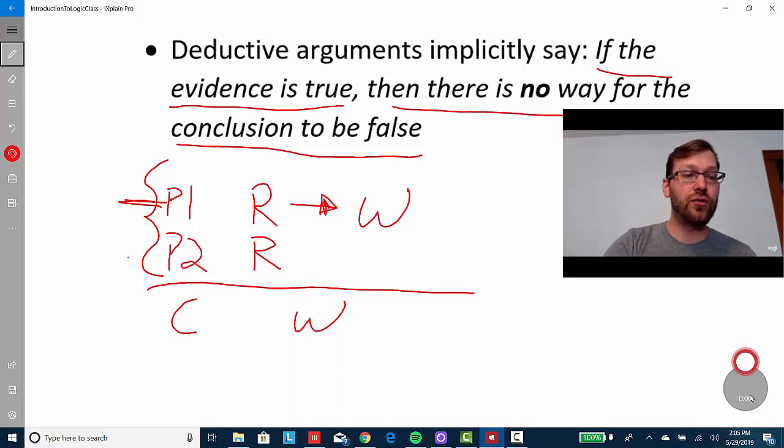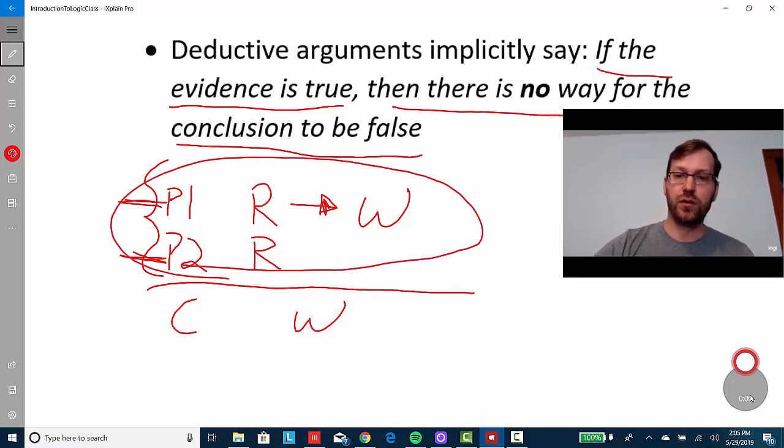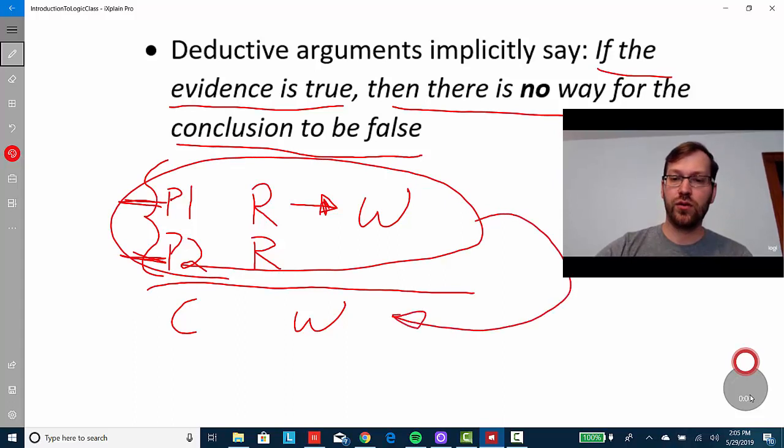And what premise 2 tells us is it really did rain outside. So notice, if both of those end up being true, there's no way for this to be false, because premise 1 tells us that R will get you W, and premise 2 tells you did get R. Well, you better have gotten W then.